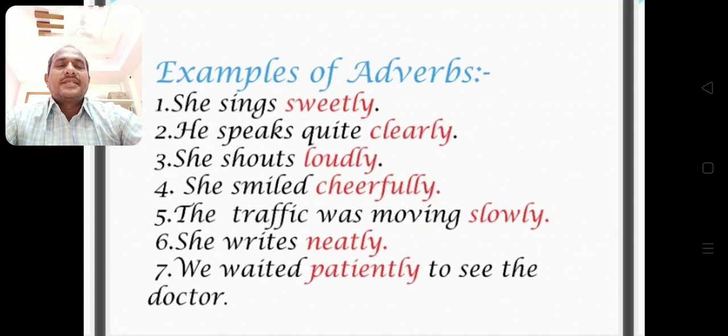She writes neatly. We waited patiently to see the doctor. These are the examples of adverbs. Sweetly, clearly, loudly, cheerfully, slowly, neatly, patiently are the adverbs.